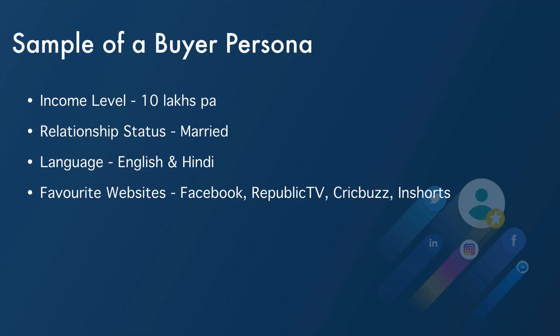So it can be Facebook. I can have the opportunity to advertise on Facebook, probably not Republic TV, but Cricbuzz and Inshorts definitely have an option for me to show my advertisement. If I'm retargeting this person, I can definitely use these as placements in all of these ad serving platforms.